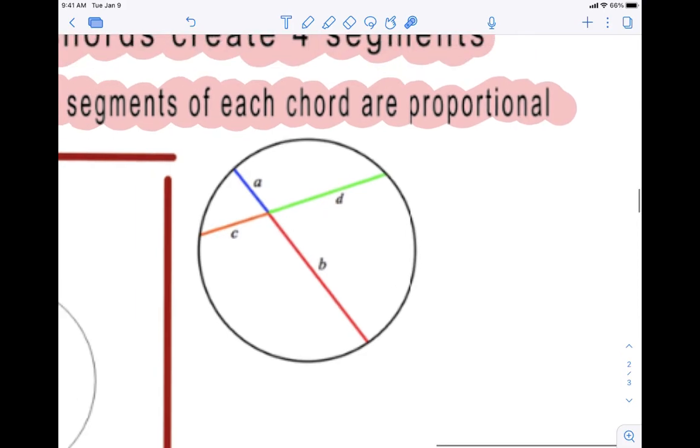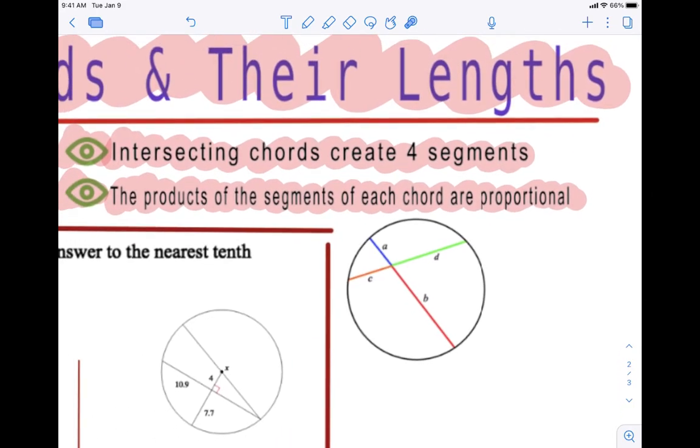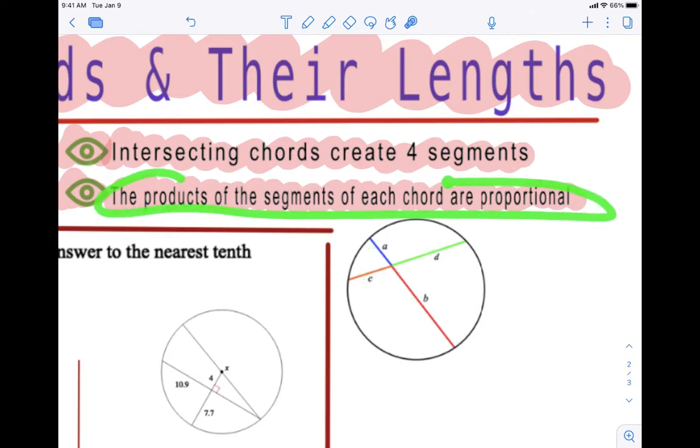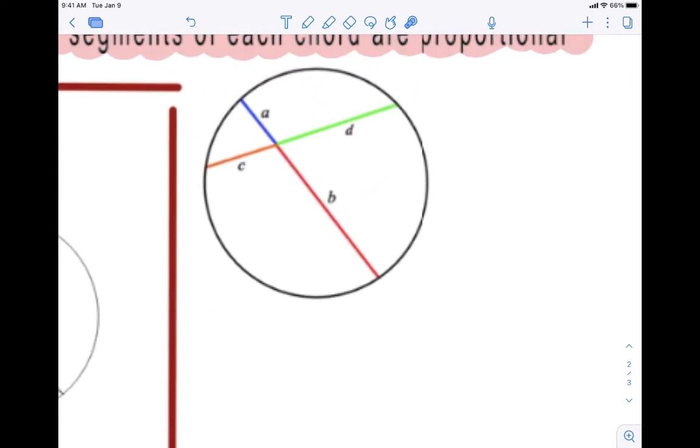Now, bullet point number 3 said intersecting chords create 4 segments: 1, 2, 3, 4. Now, this last bullet point says the products of the segments of each chord are proportional. What does that mean? You see this chord right here? This chord is made up of the blue and the red.